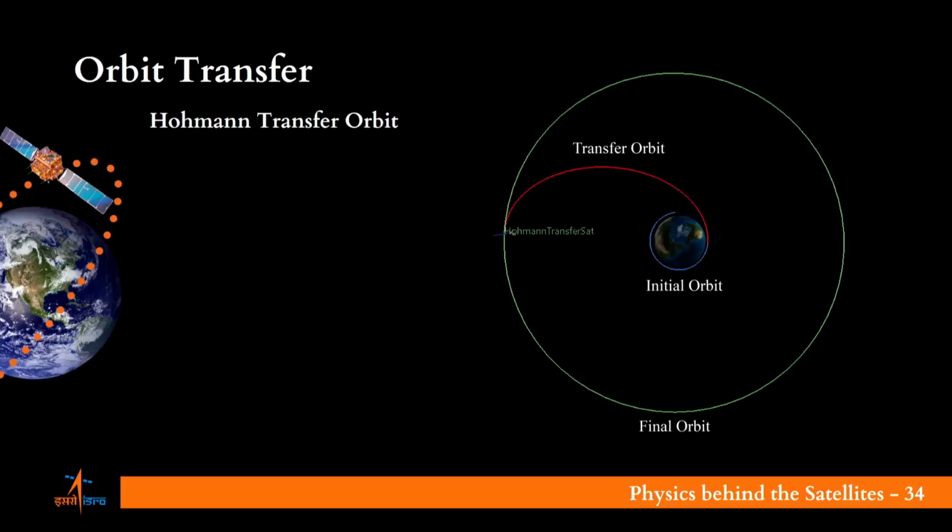It uses two impulse boosts, one to shift the satellite from an initial circular orbit to an elliptical Hohmann orbit and the other to shift it from the elliptical Hohmann orbit to the desired final circular orbit. This is most commonly used for interplanetary transfers or transfers between any two celestial bodies and is usually done when the bodies are at their closest points to each other.